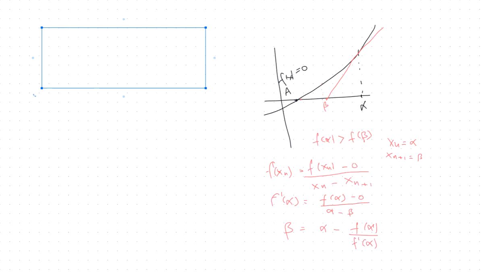This is the rule here. So the next step is found from the previous step minus the value of f over f dash. In this case, we just need to find alpha. And this is the reason why we need f(x) to be differentiable in the region that we are going to analyze. In the region where we want to find the derivative, f itself must be differentiable because the derivative is going to be in the denominator.